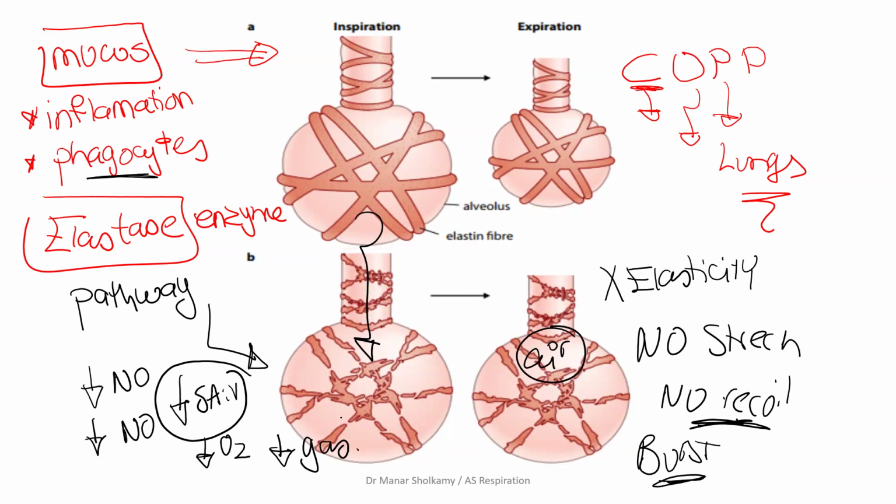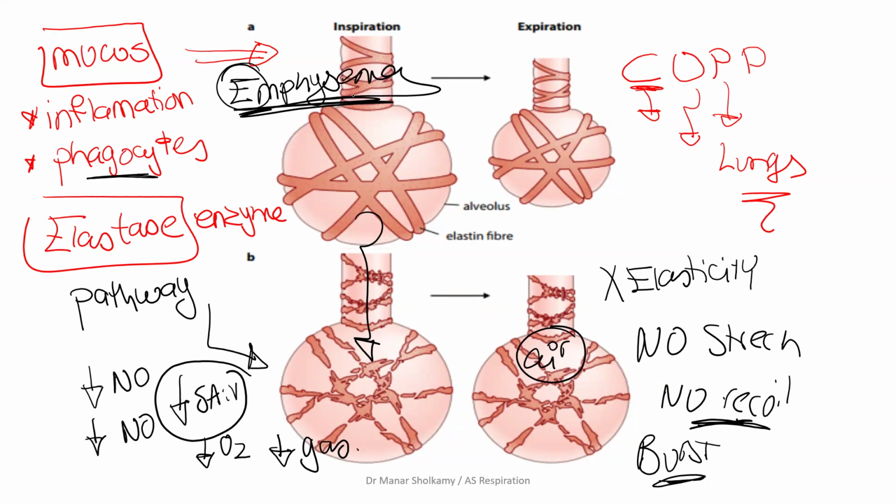Yassine, difficulty in breathing when you cannot breathe, what is this called? It starts with an E. Emphysema. Yes, correct. Emphysema means difficulty in breathing because there is no gas exchange.